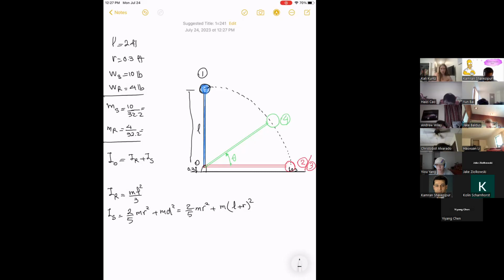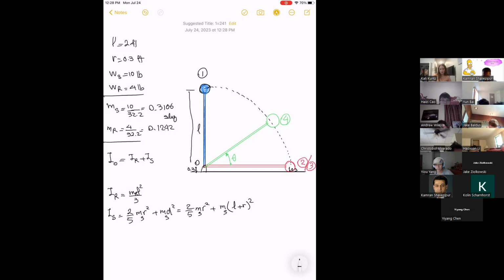Now, let me calculate these masses. 10 divided by 32.2 is 0.3106 and 4 divided by 32.2 is 0.1242. The unit is slug. This is for the sphere, obviously, and this is for the rod.